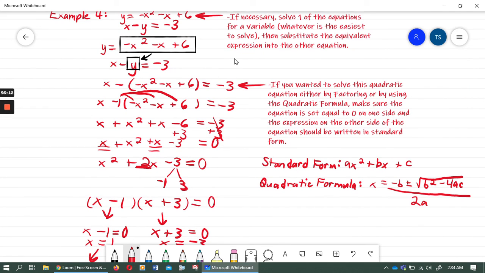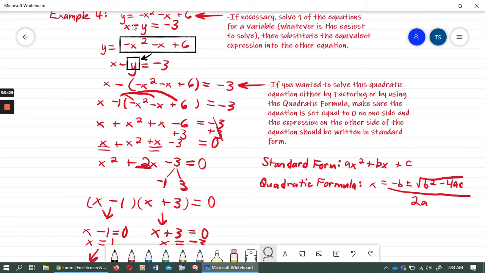So we need to substitute these x values in, and the easiest equation in this particular case for us to substitute into is going to be that linear equation.